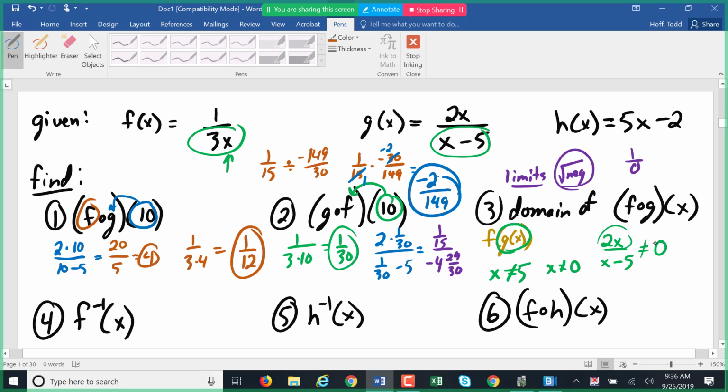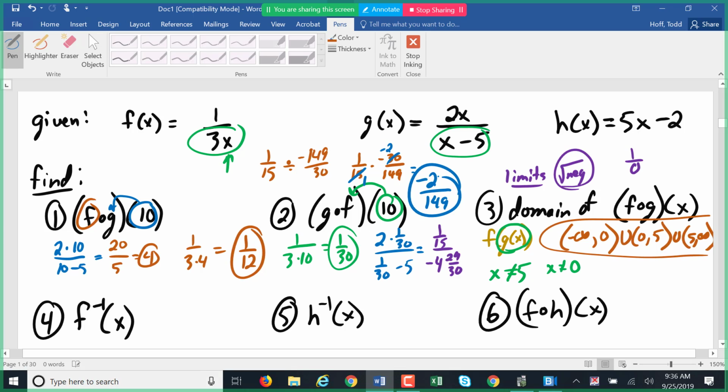If we put this in interval notation, we go from negative infinity to 0, united with 0 to 5, united with 5 to infinity. That's our domain.